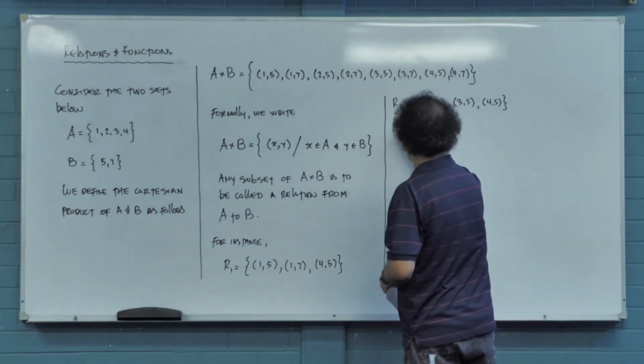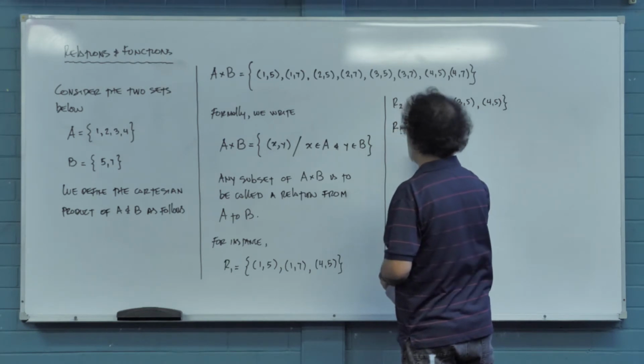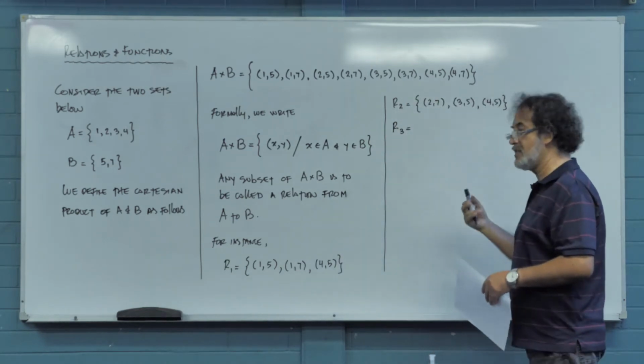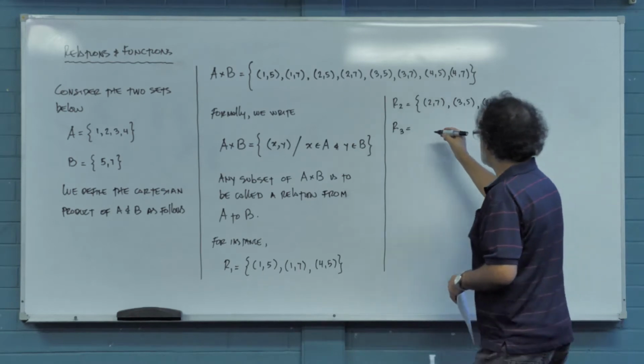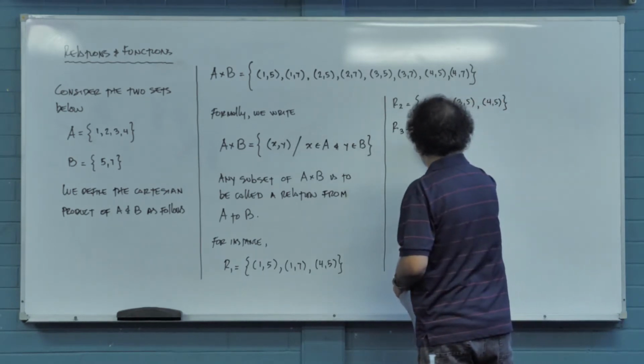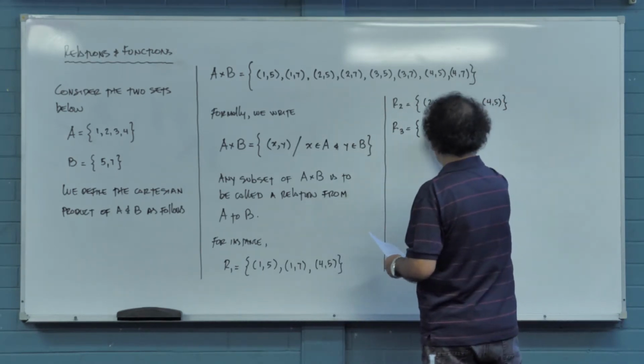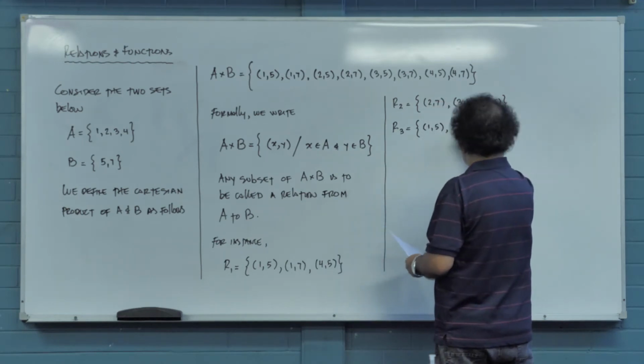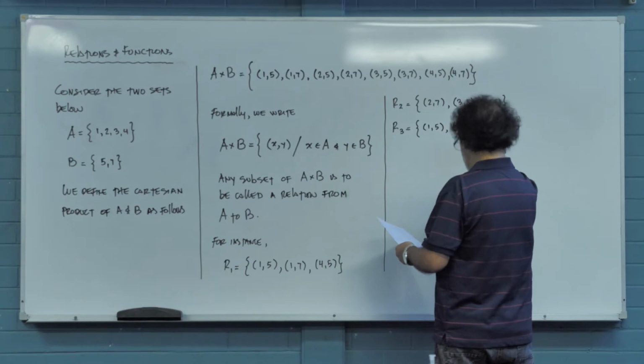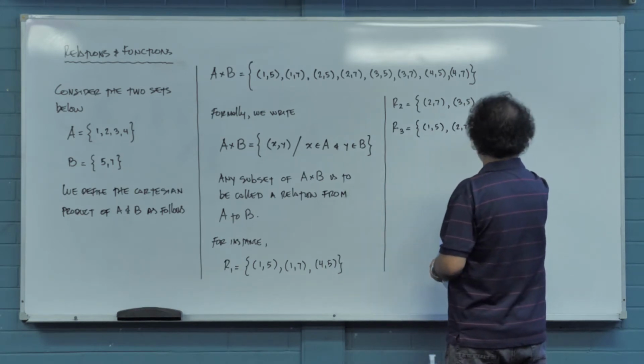We can have another subset from here, another relation between this x and y value. The next one is (1,5), (2,7), (4,5).